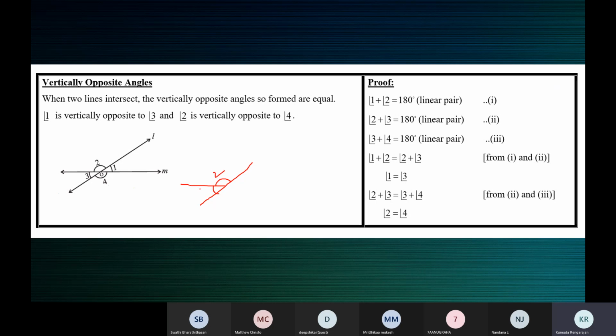Please watch this. This is that line L. This is the other side of M on this side. So this is how it is. You can see the straight line L, and this is that ray. Angle 2 plus angle 3 is equal to 180.